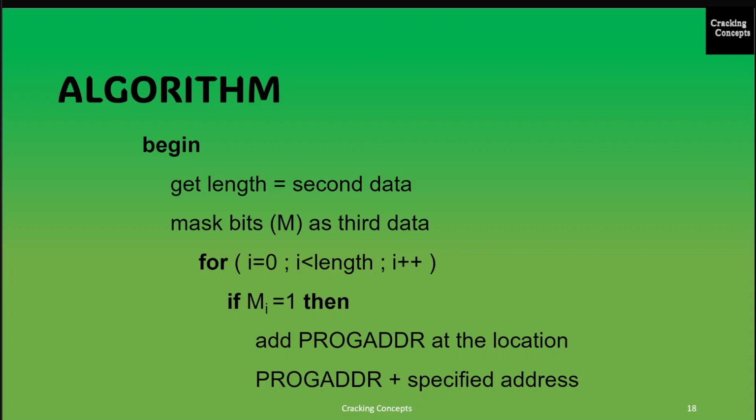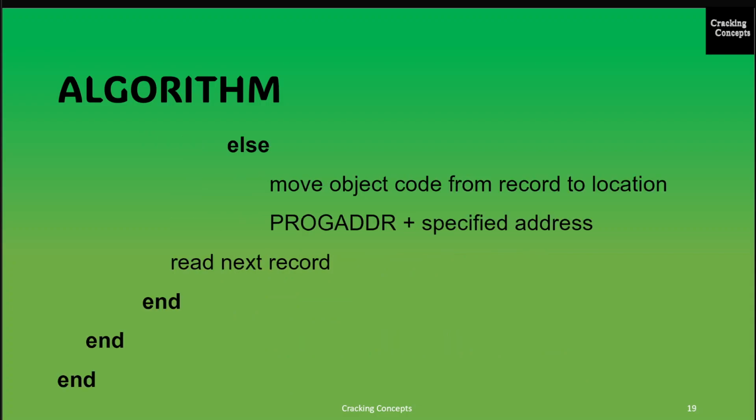Now if the bit mask is 0, the object code will be simply moved to that location. No modification will be done in the record. This will become clearer when I discuss in detail how this is happening in the code here.